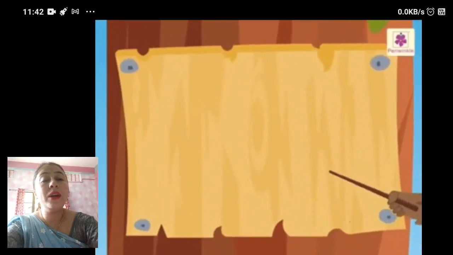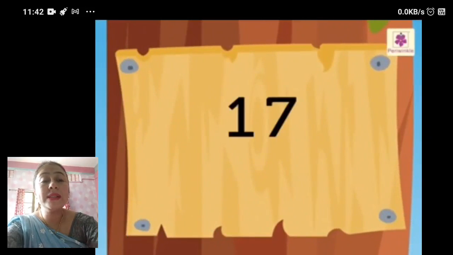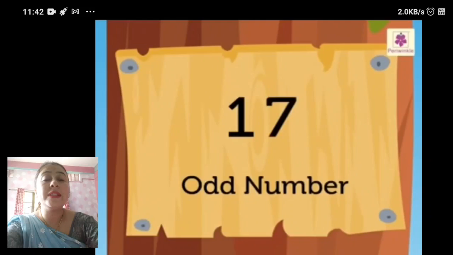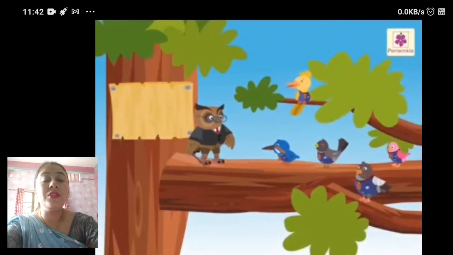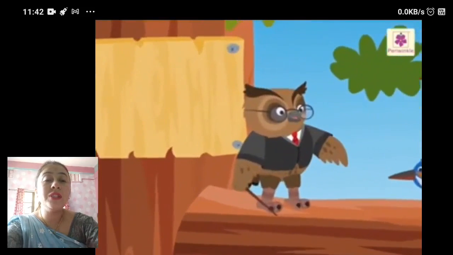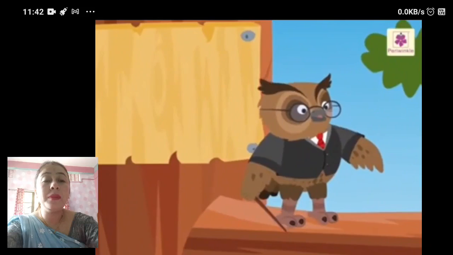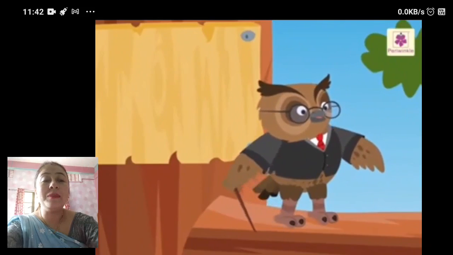So let us see one example of odd number 1, 7, 17. So what is there in 17? The last number or the number in the ones position is 7. So it is an odd number. Very good. So I hope you all have understood about even number and odd number.